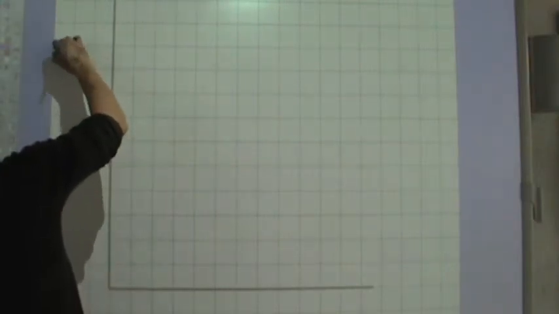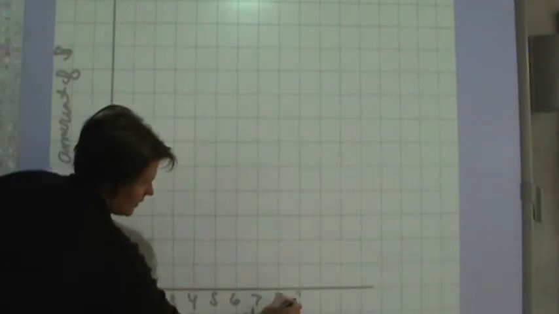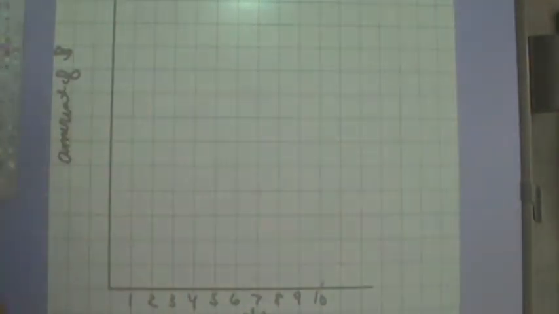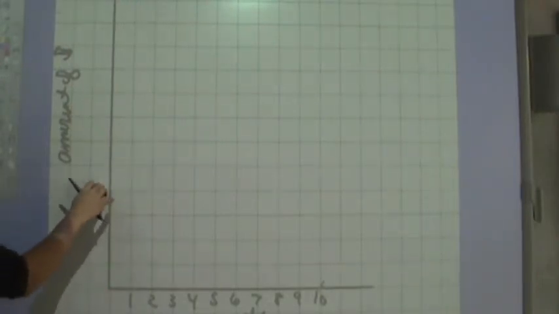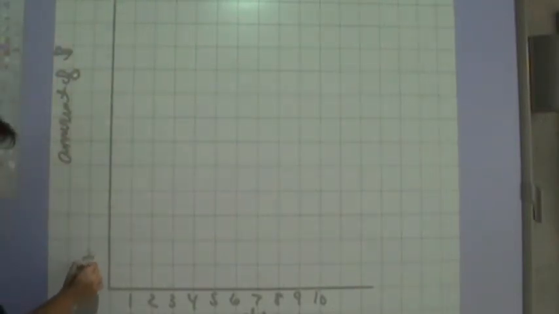Okay, so let's see. We had the money. And we had months. Okay, so month 1, 2, 3, 4, 5, 6, 7, 8, 9. Okay, and we want to count up to $5,000. All right, so let's count by 500s.